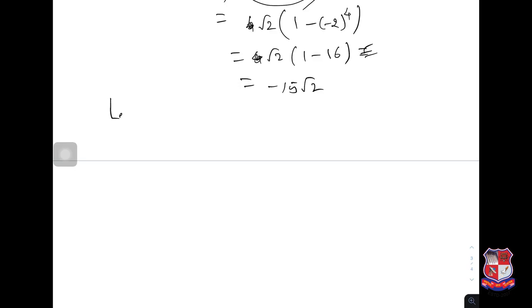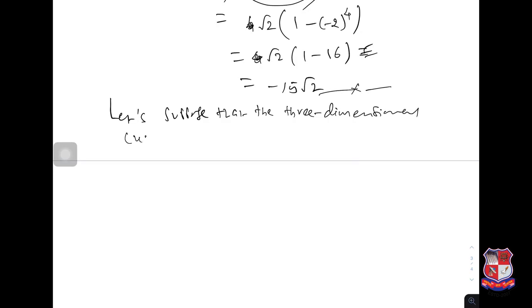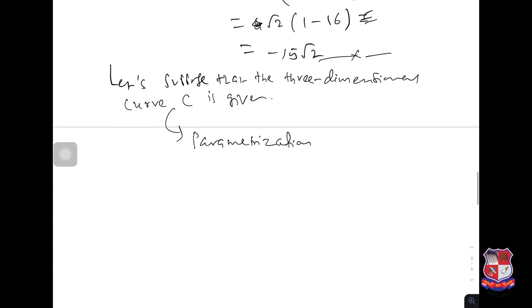So suppose that the three-dimensional curve C is given and its parameterization is, say, x equal to x of t, or you can have h, g, whatever you write, y equal to, say, y of t, and z equal to, say, z of t, a less than or equal to t less than or equal to b.